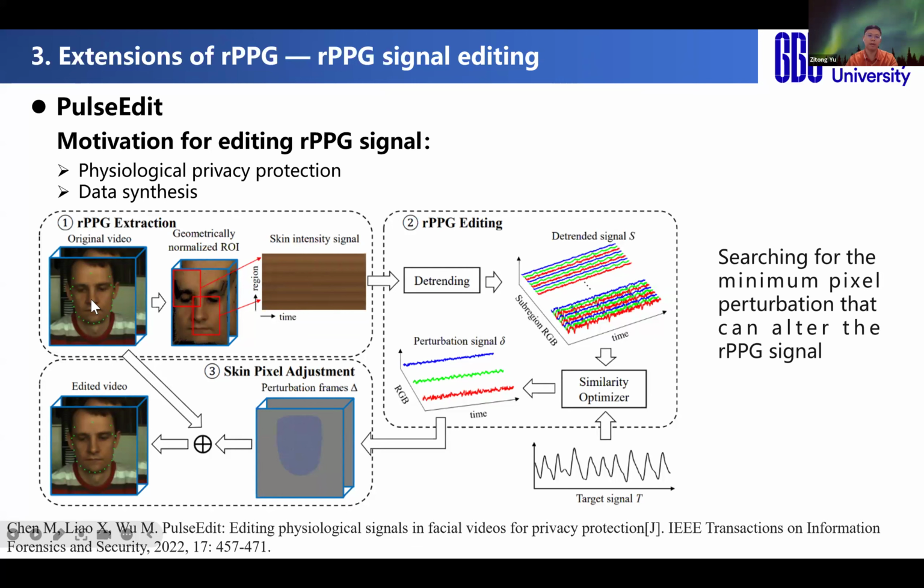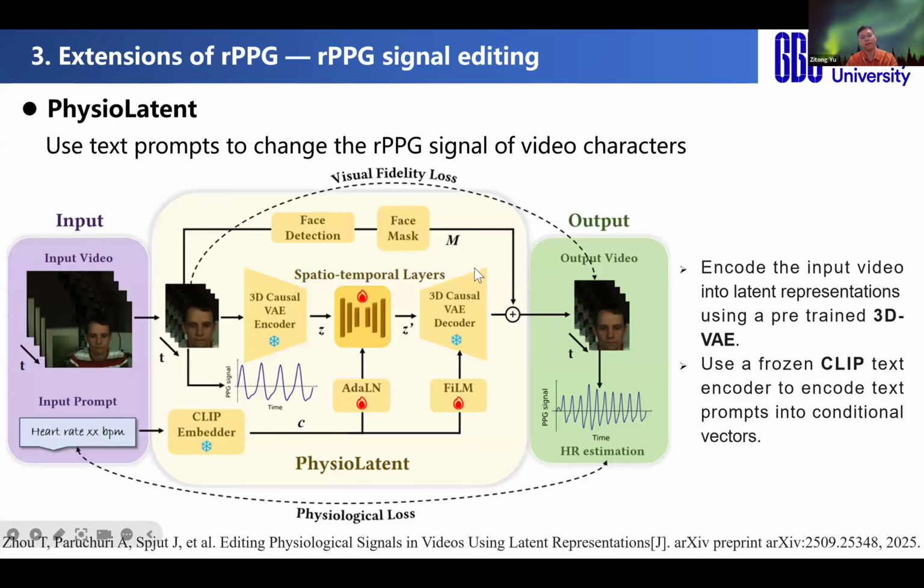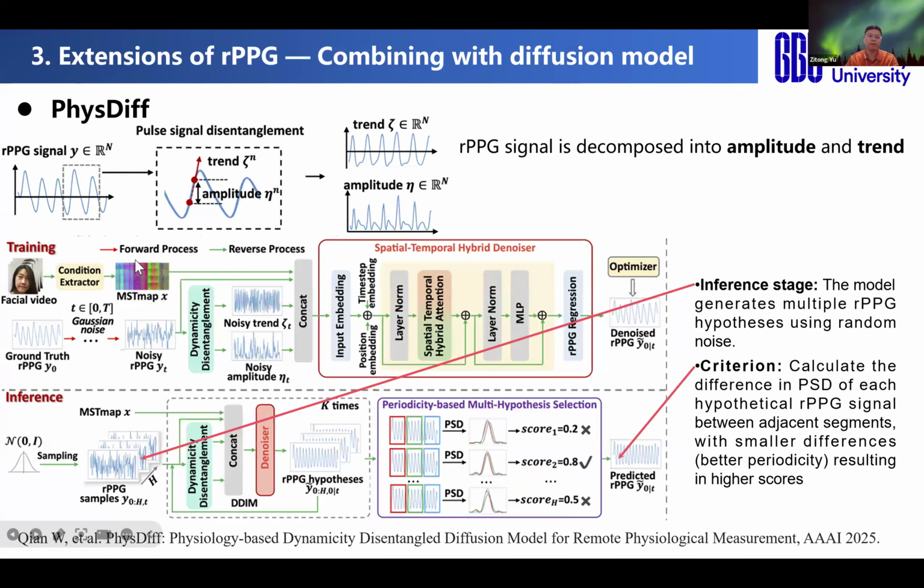It looks very similar to our original video, but has the perturbation signal only on the face region. After that, there are also VAE-based encoder-decoder and diffusion-based methods for face editing.